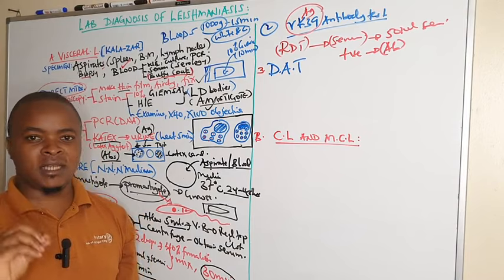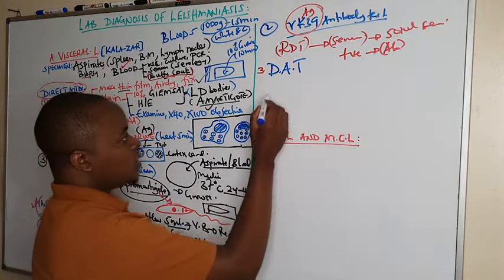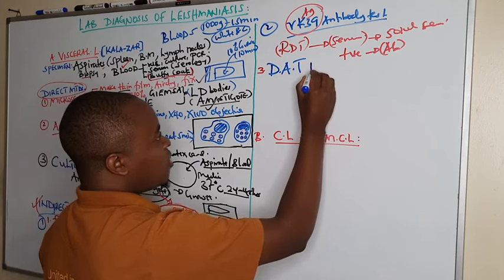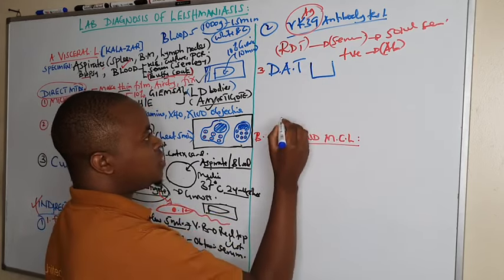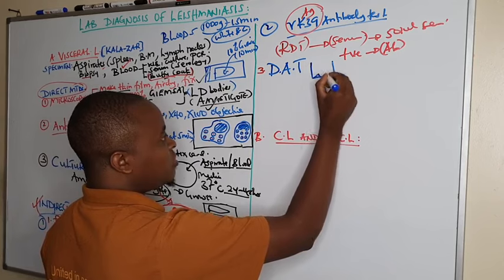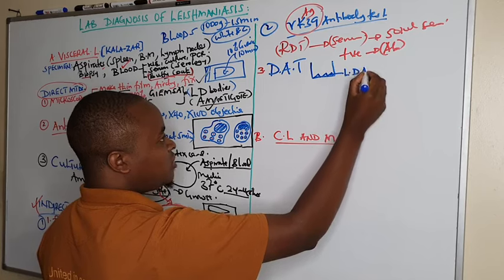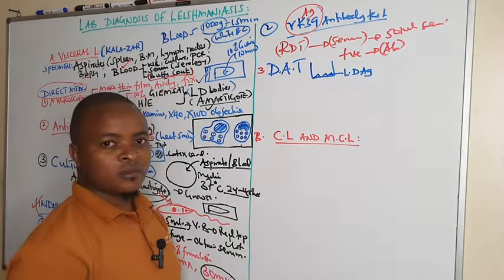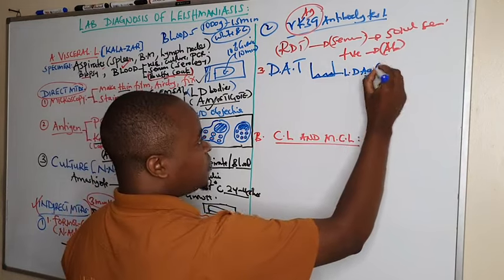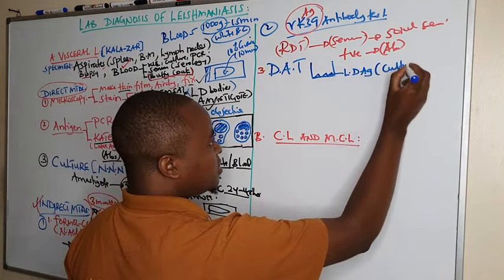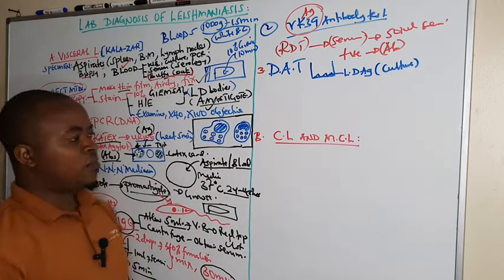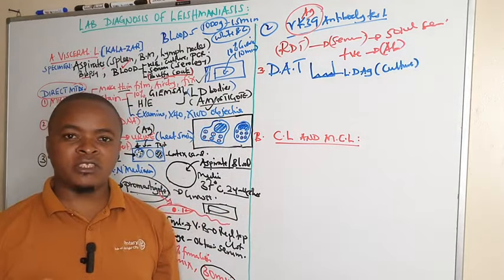Here we are using serum in a V-shaped well, coated with Leishmania donovani antigens, which are commercially prepared from culture media.